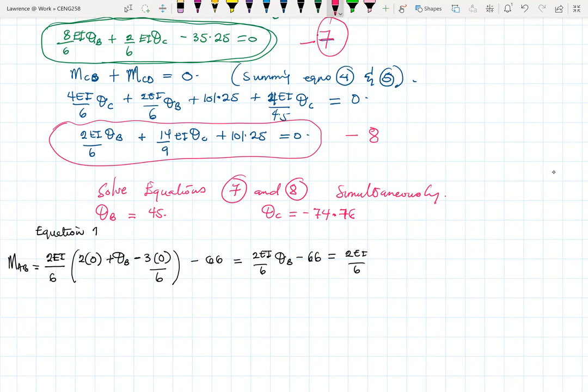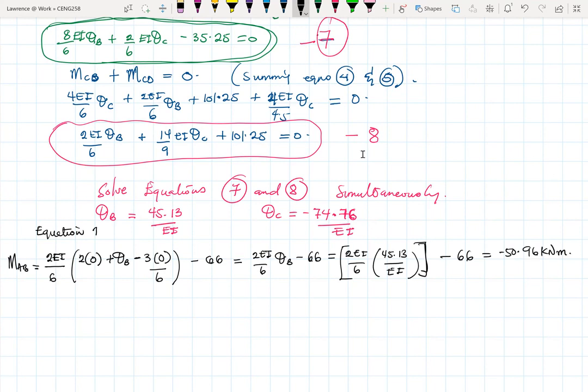So based on that, I'll end up with bracket minus 66 minus meter. So this is for MAB.